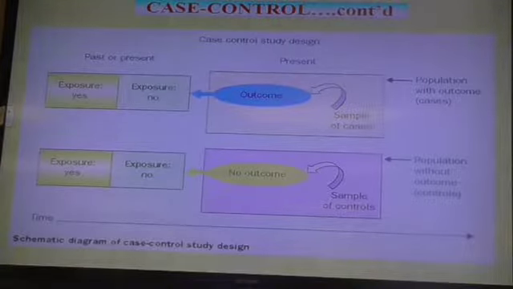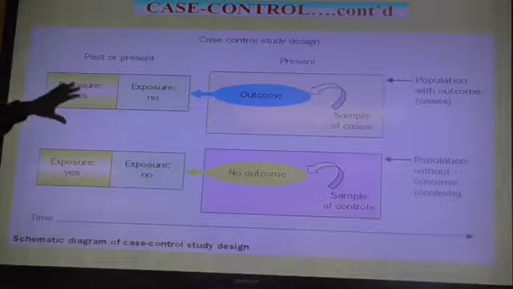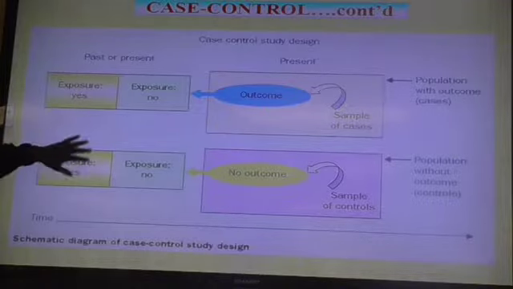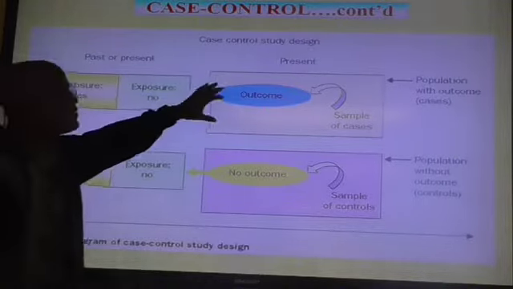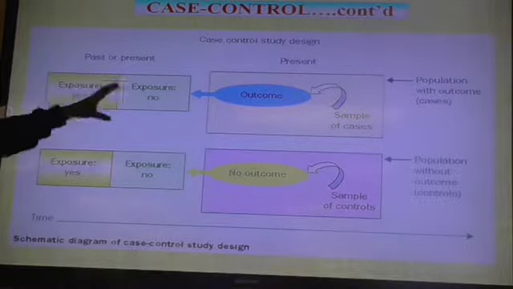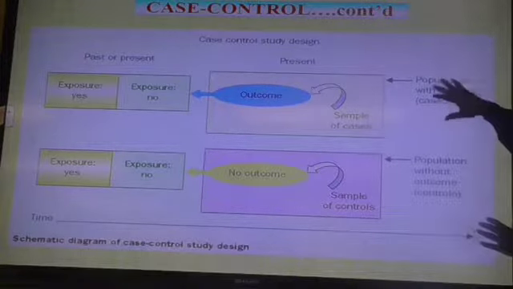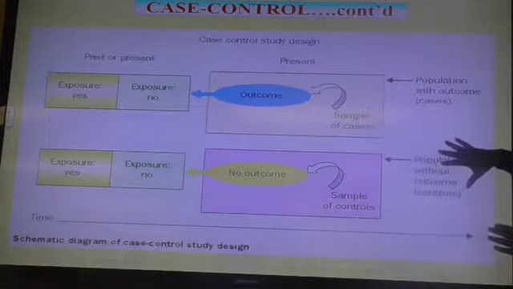So again, this is just a pictorial representation. What we normally know is that we first classify exposure and then try to ascertain disease. That is what we do in cohort. But in case control, we start from the population with disease and the population without disease.